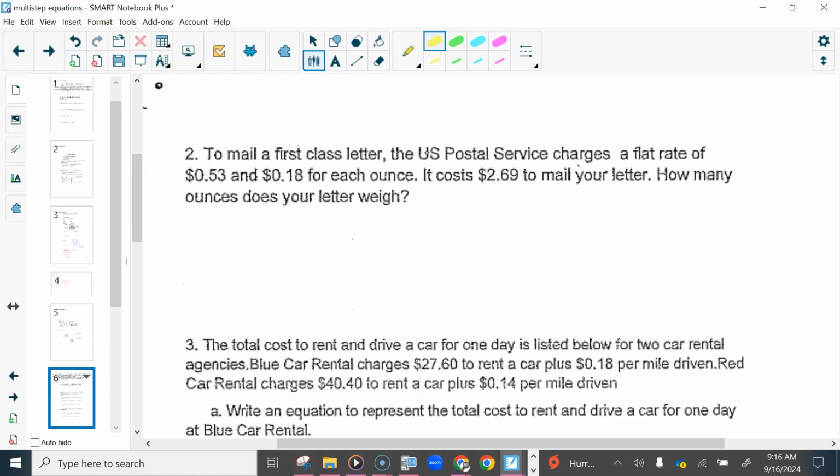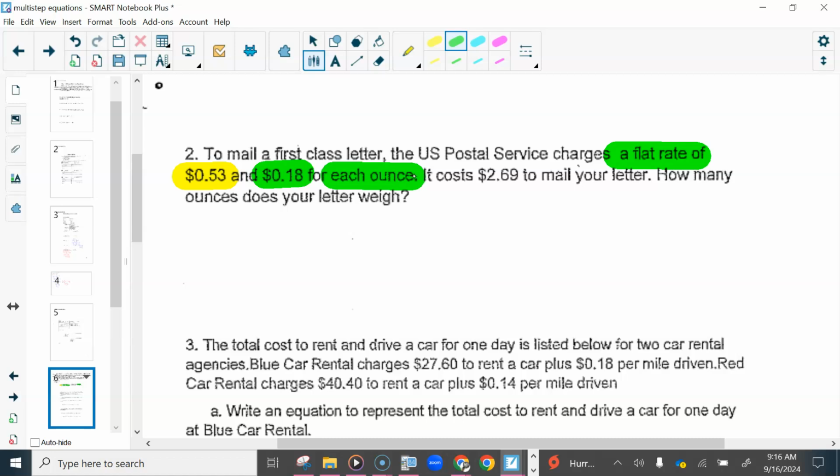Maddie? Okay, and these are different for 2 different reasons. The 53 cents says something about a flat rate. That's important. Okay, pretend that's yellow. And the 18 cents for each ounce is important. What else?